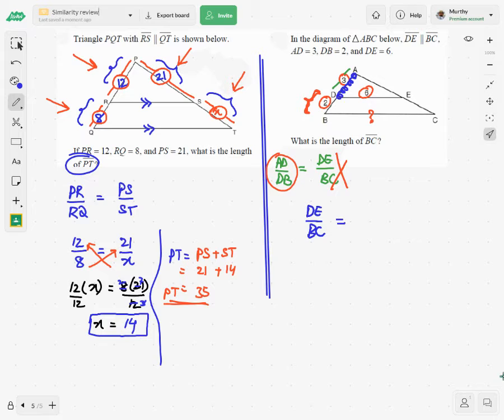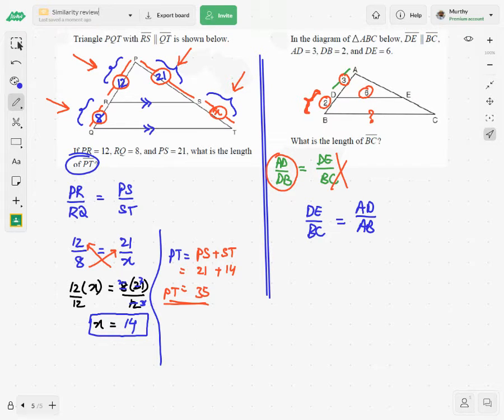So here, if I take AD, and AD over, don't take DE, please don't take DE. You have to take the whole length, because we are taking the large triangle sides, like this part, then that is AD over AB.